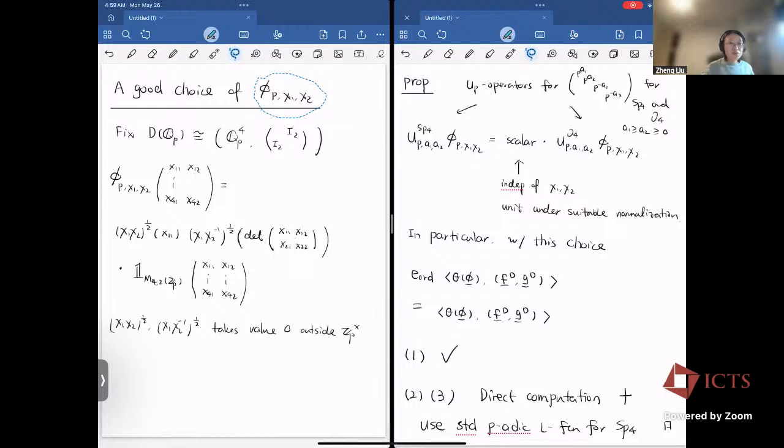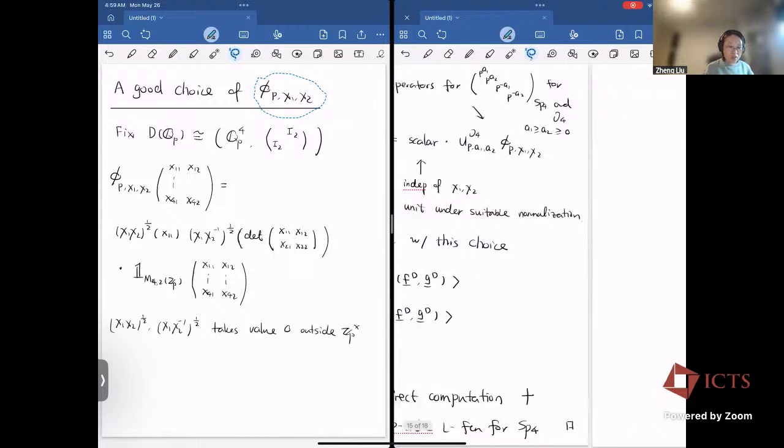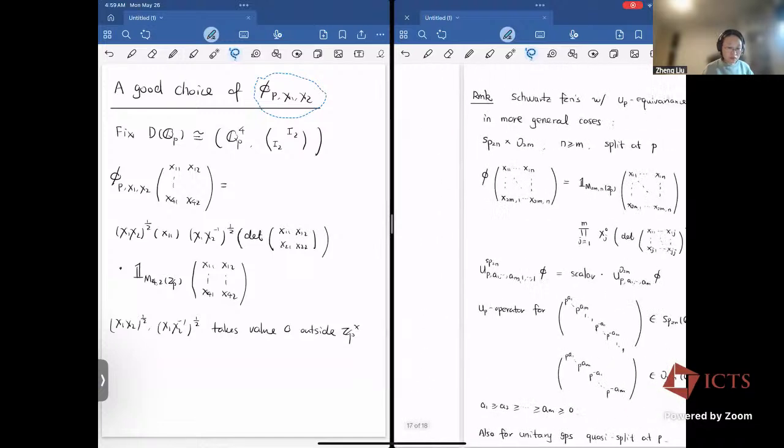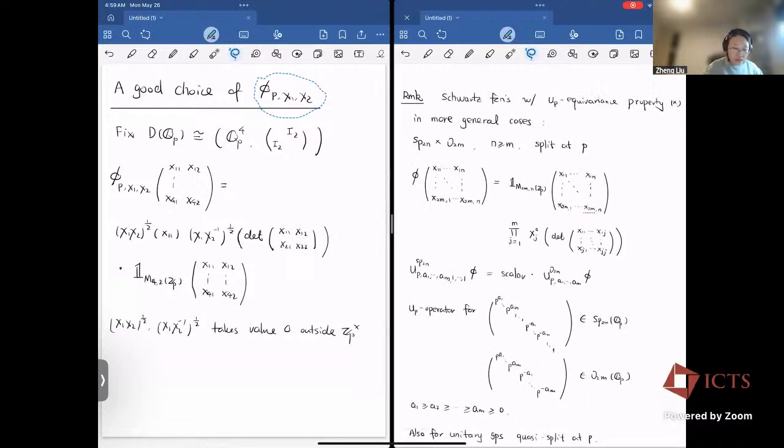This is a choice for the SP4 cross O4. Actually, this type of Schwartz function generalizes to more general cases. With this UP equivariance property, actually, we have it for more general cases.